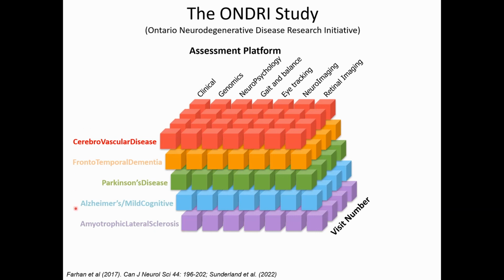Every one of those patients underwent this incredibly extensive workup that included a full clinical assessment, a blood draw for genetics analysis, 4 hours of neuropsych testing, gait and balance analysis, eye tracking, 6 kinds of neuroimaging, structural and functional imaging, and even retinal imaging. And these patients were followed for 3 years.